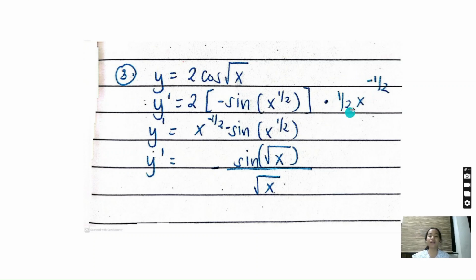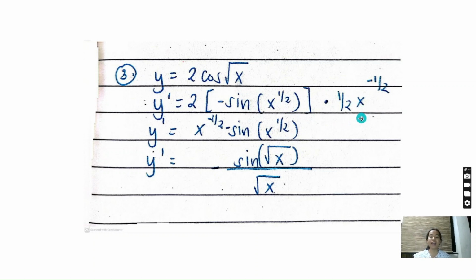We know about the power rule. From here, 1/2 minus 1, that is negative 1/2. And then we just multiplied the very power on its base, and it gives us 1/2 x to the power of negative 1/2.